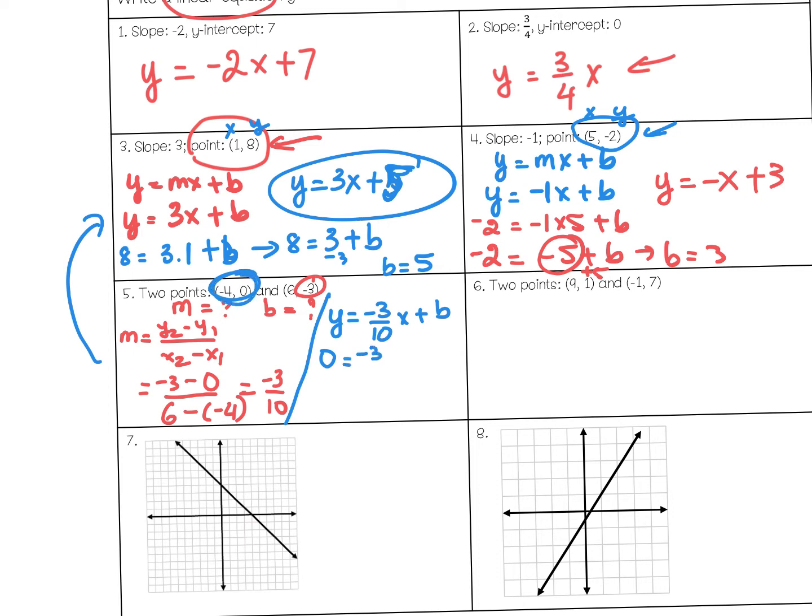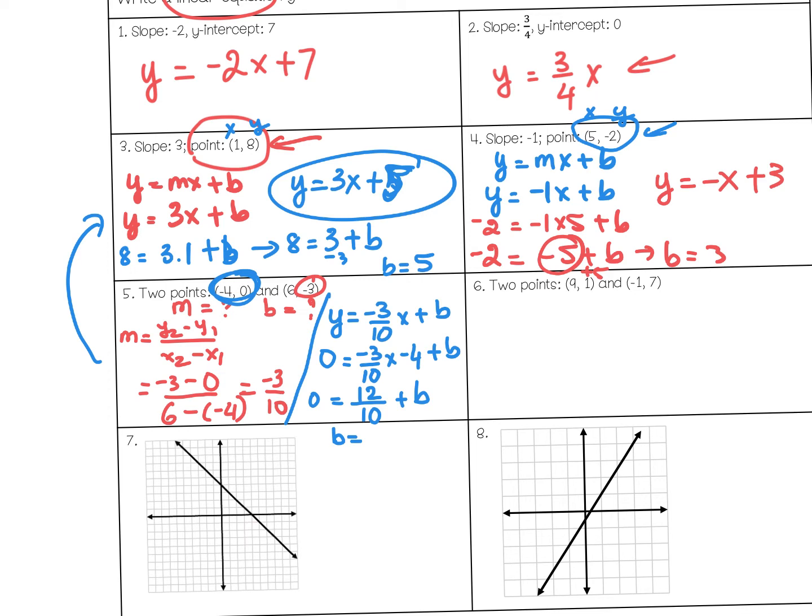Negative 3/10 times a negative 4 plus b. So 0 equal to 12/10 plus b. Right? So that means b equal to negative 12 over 10.